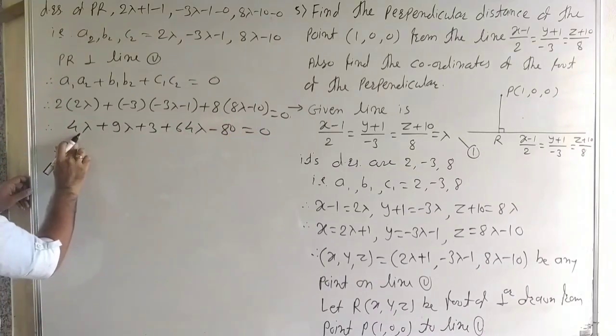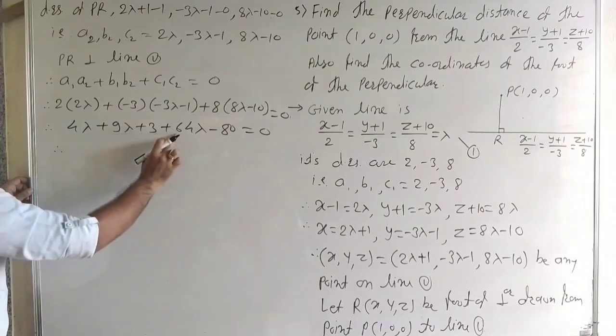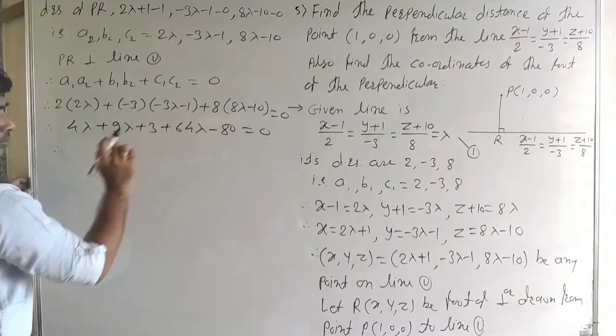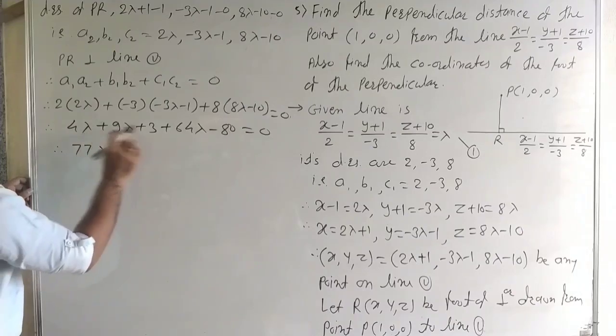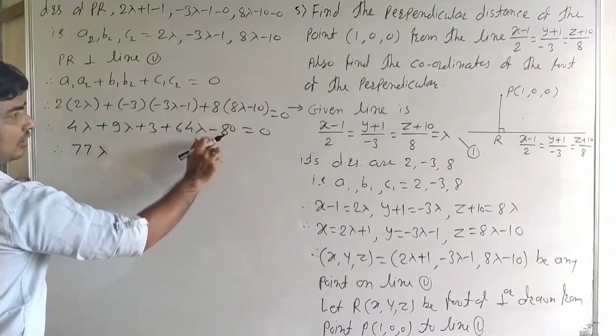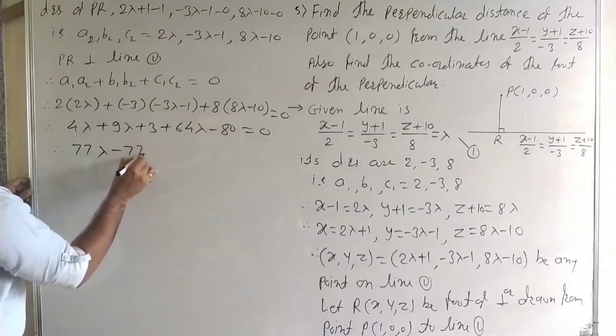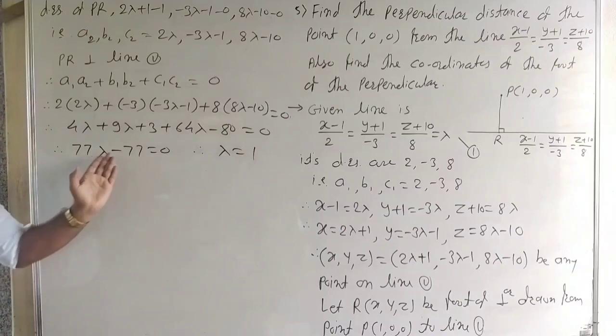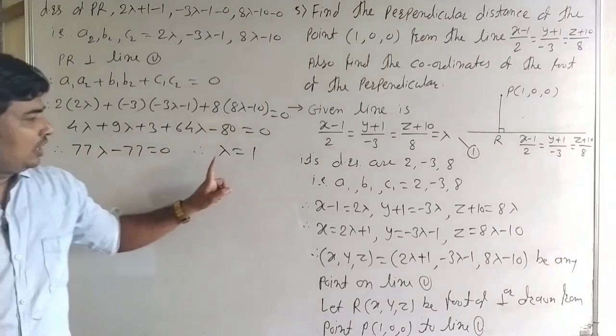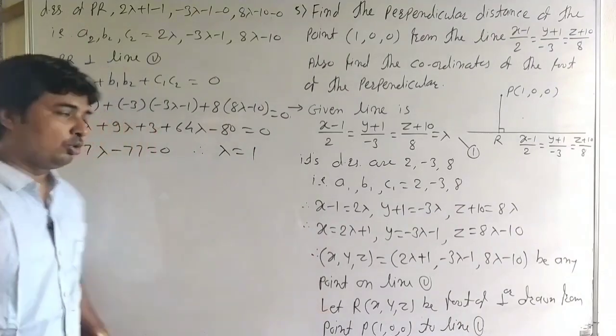Therefore we can write lambda: 4 lambda plus 9 lambda is 13, 13 plus 64 is 77 lambda, and it is 3 minus 80, that is minus 77, equal to 0, and therefore you get lambda is equal to 1. Now lambda is equal to 1, we know the coordinates of the foot of perpendicular.